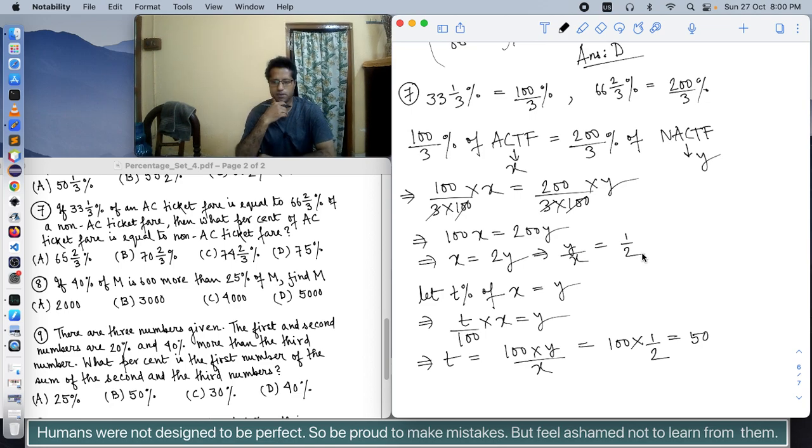This implies T must be equal to 100y divided by x, and y by x we know is half. 100 multiplied by half should be 50. I have no idea why 50 is not there in the choices.